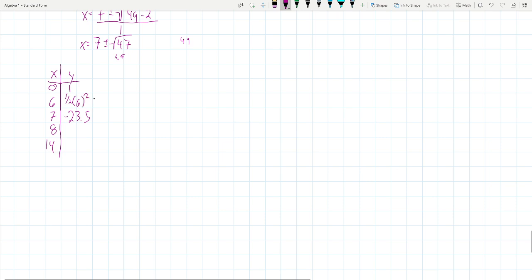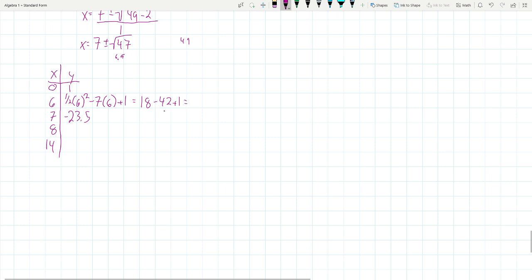And if I do this, I do 1/2 6 squared minus 7 times 6 plus 1. 6 squared is 36. Half of 36 is 18. Minus 7 times 6 is 42 plus 1.